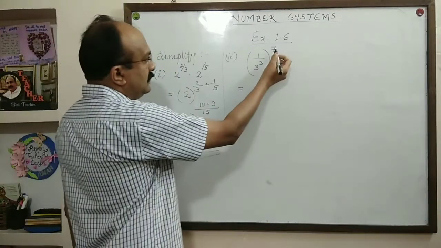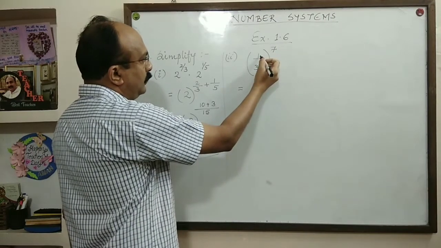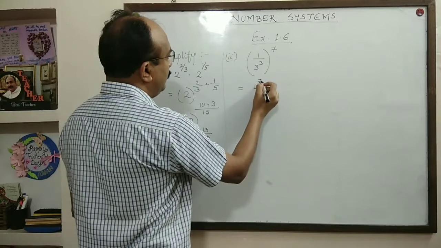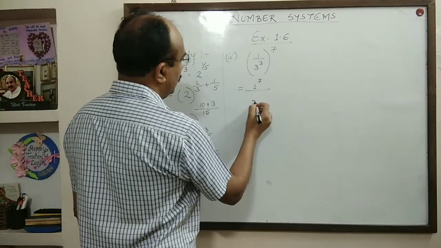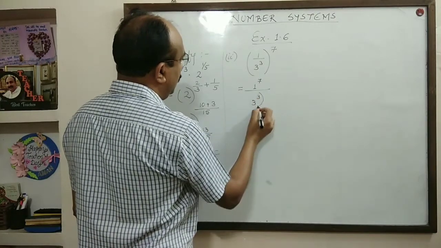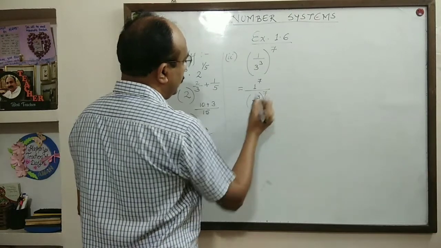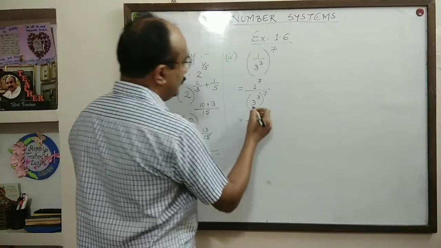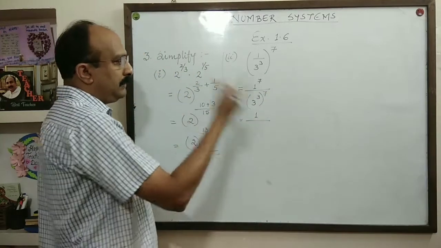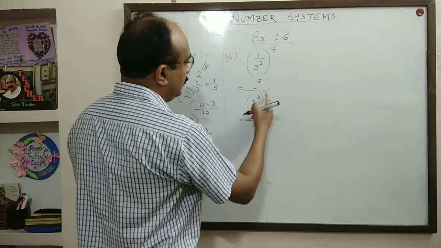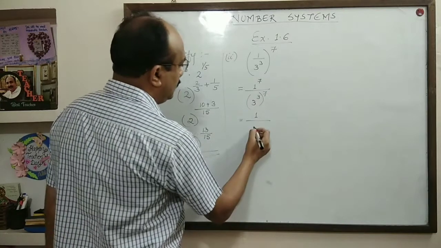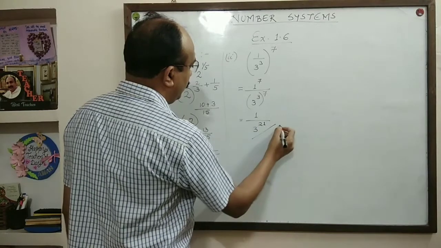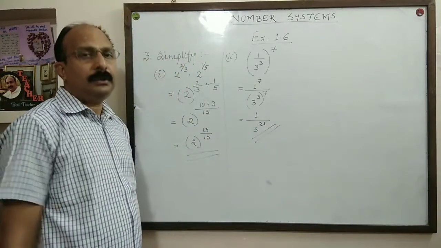Now, this power 7 is applicable for both numerator and denominator. So it is 1 power 7 upon 3 power 3, the whole power 7, which is equal to 1 power 7 is 1, 3 power 3, the whole power 7 is 3 power 3 into 7. 3 into 7, 21. 1 upon 3 power 21.